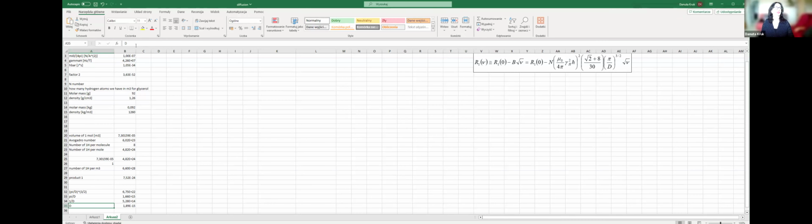And d, as Adam explained, is in meters squared per second. I can be sure about those units because I kept the SI units all the time. If I need the relative diffusion coefficient, it is just this times that.